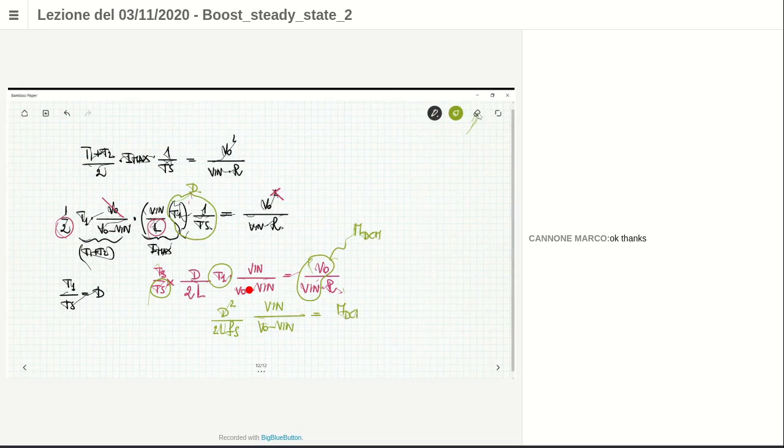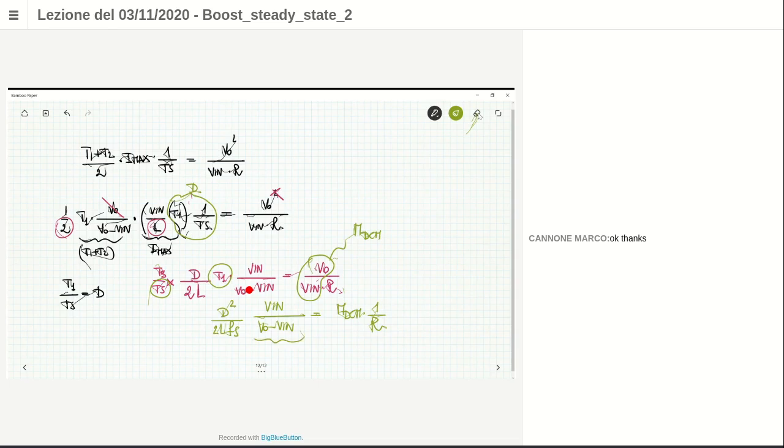So M DCM divided R. Now this expression can be further manipulated.